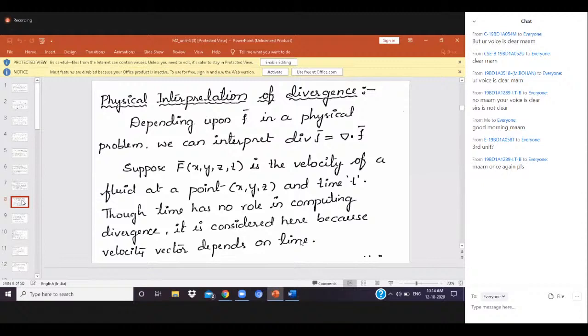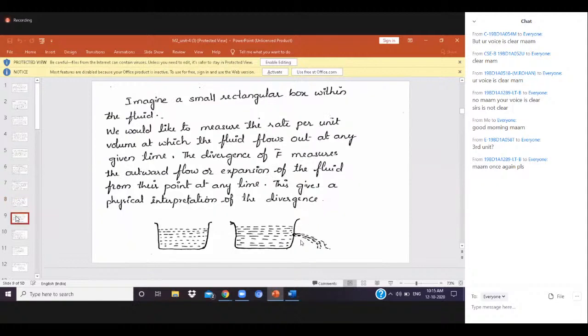But if we make a hole in one of the two buckets, some water comes out. That outward flow or expansion of the fluid from that point at any time is measured as divergence. Is it clear? This is a physical interpretation of the divergence.